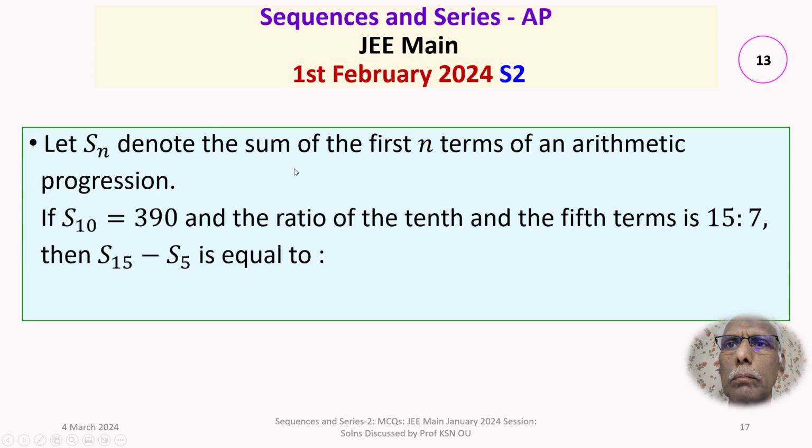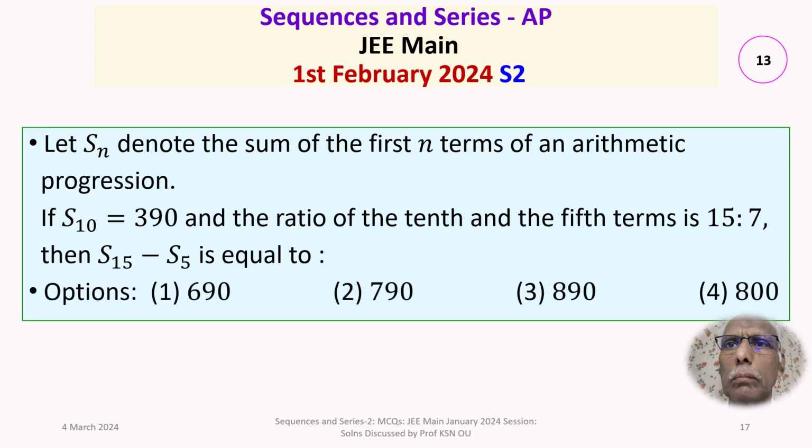We are required to find the value of S15 − S5. Now we are given 4 options.